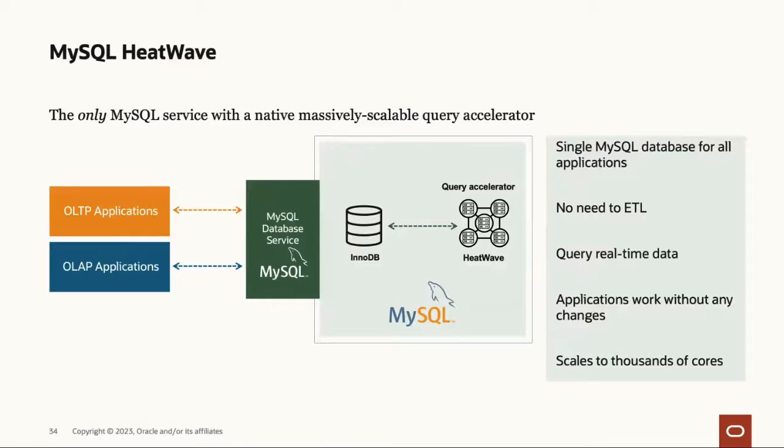So it's going to manage your queries for OLTP and OLAP applications all at once. So there's not going to be any need for ETL. You'll be able to query all your data in real time. And for applications, it's going to work basically without any changes. You're just going to be able to connect to the database and run as usual. And this is going to be a really powerful engine that can scale to thousands of cores. And this is going to be done using InnoDB on MySQL.